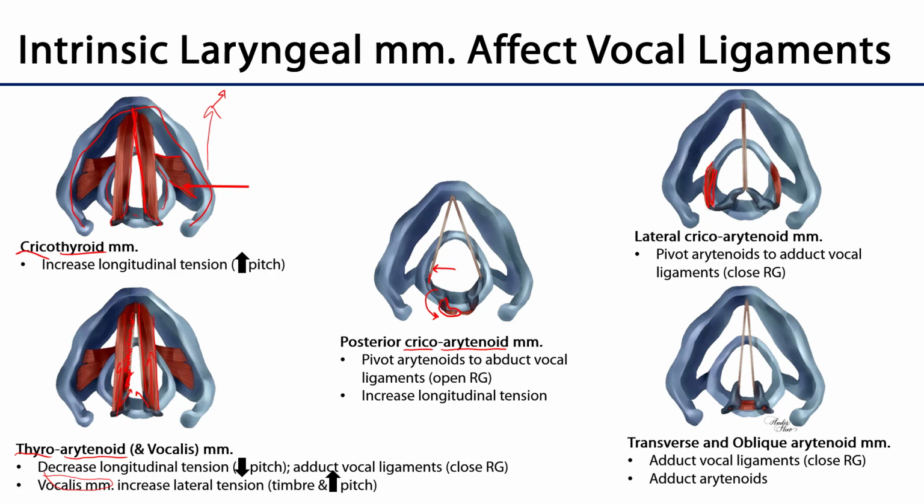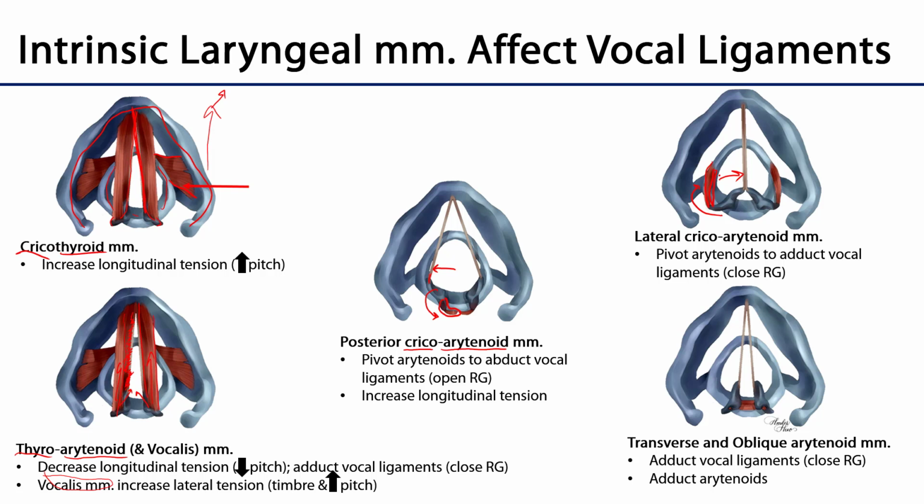And when these contract, they inwardly pivot the vocal process and thus adduct the vocal folds. So these muscles can very nearly close the entirety of the rima glottis. So these are going to be important muscles for the Valsalva maneuver, so that straining of force against the vocal folds.